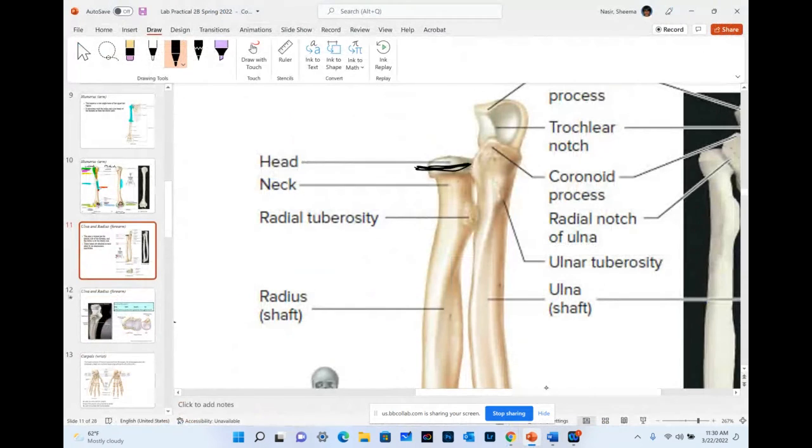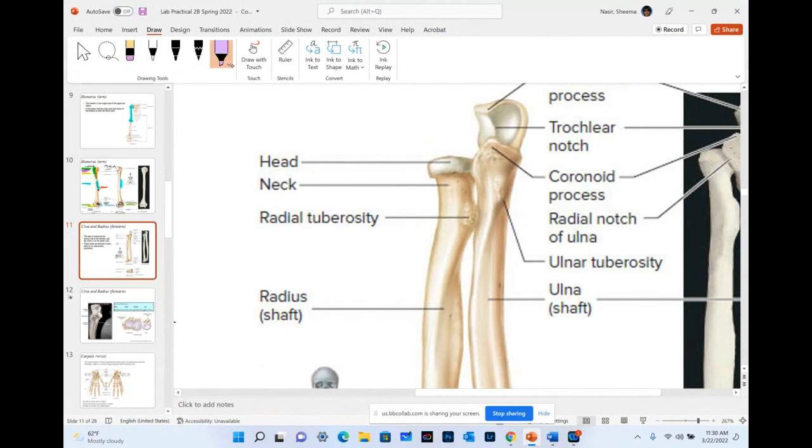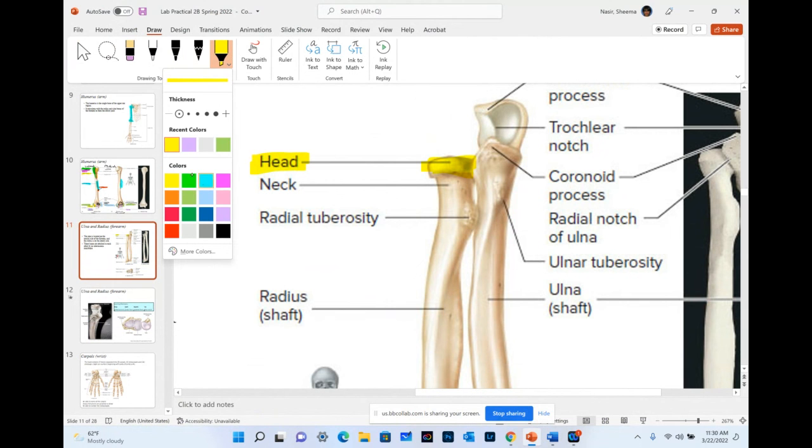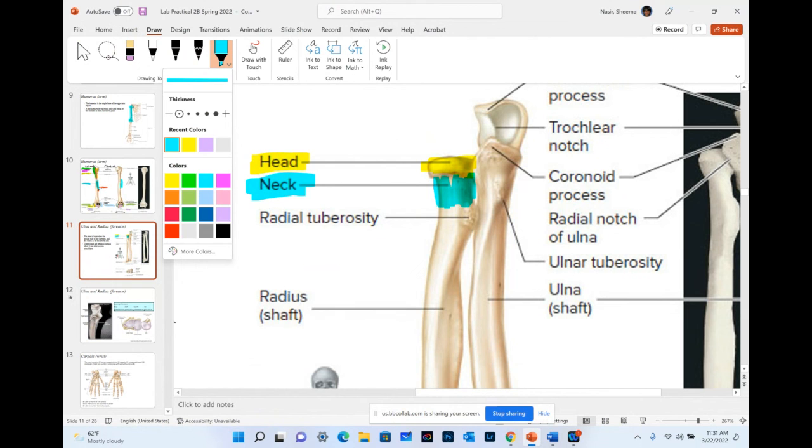So coming back to my PowerPoint, do you see this part right here? This is your radius, and this is the head. Right below the head is going to be the neck, because head always sits on the neck. Underneath it, do you see this rough part which is sticking out?